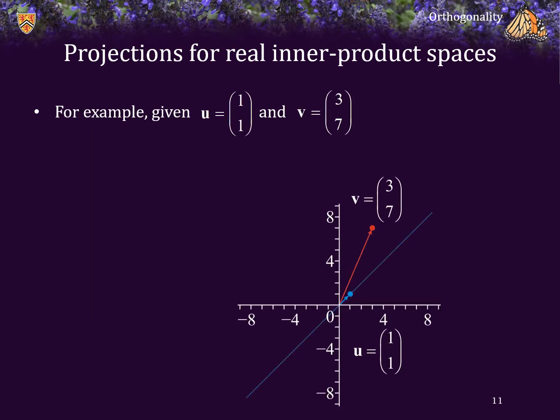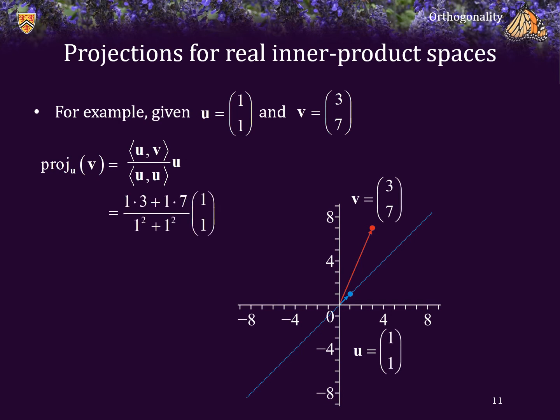All right. Now, given the vector u is 1, 1, and the vector v is 3, 7, we'd like to find a scalar multiple of u that best approximates the vector 3, 7. Now, that could be any vector on the blue dotted line. Now the projection of v onto u is given by this ratio of inner products times u.